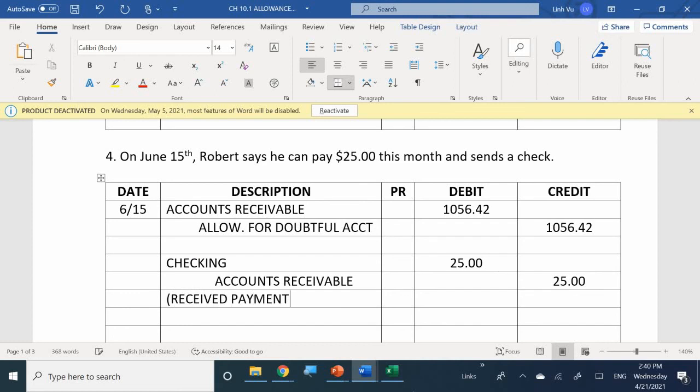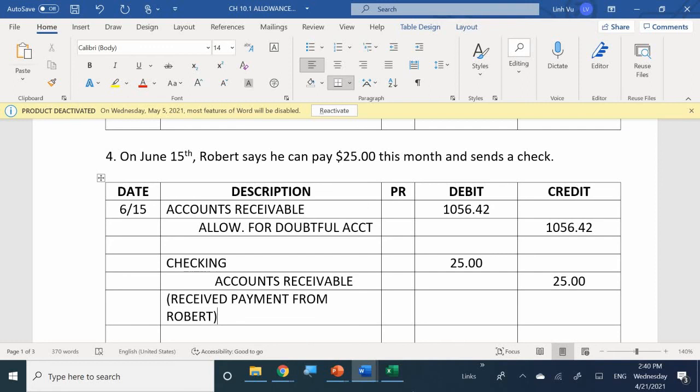payment from Robert. So here, the first part of the journal entry is that we wrote it off. We currently placed it as a potential bad debt. So we need to reactivate his account by recording that he owes us this grand total amount.